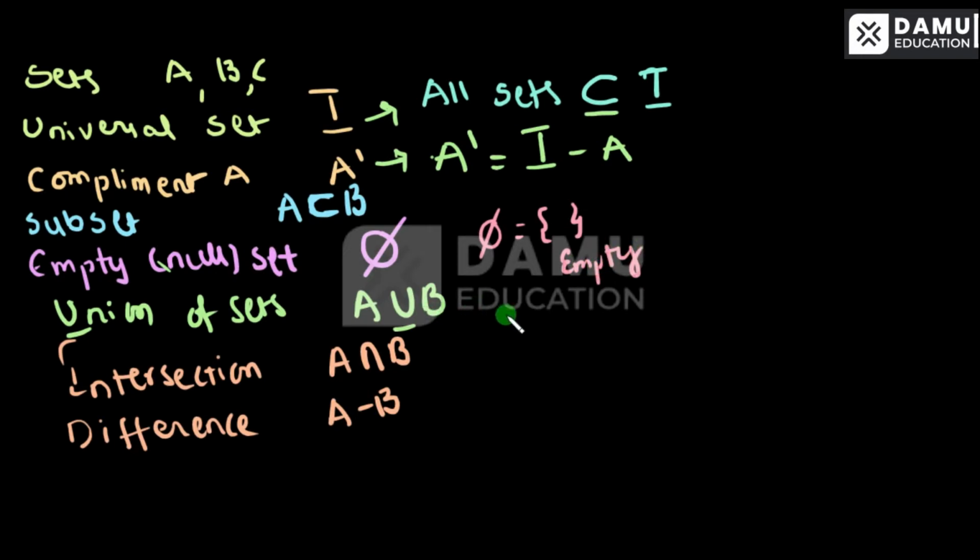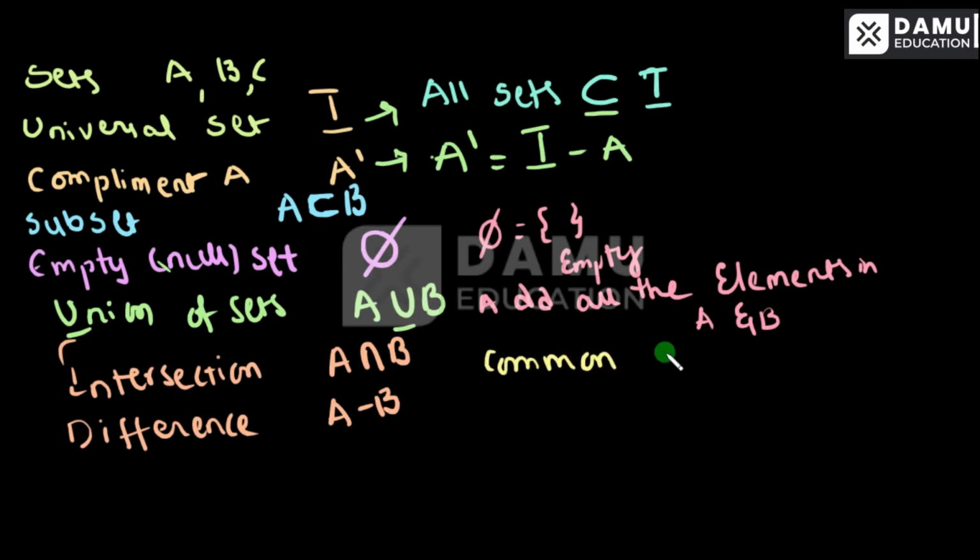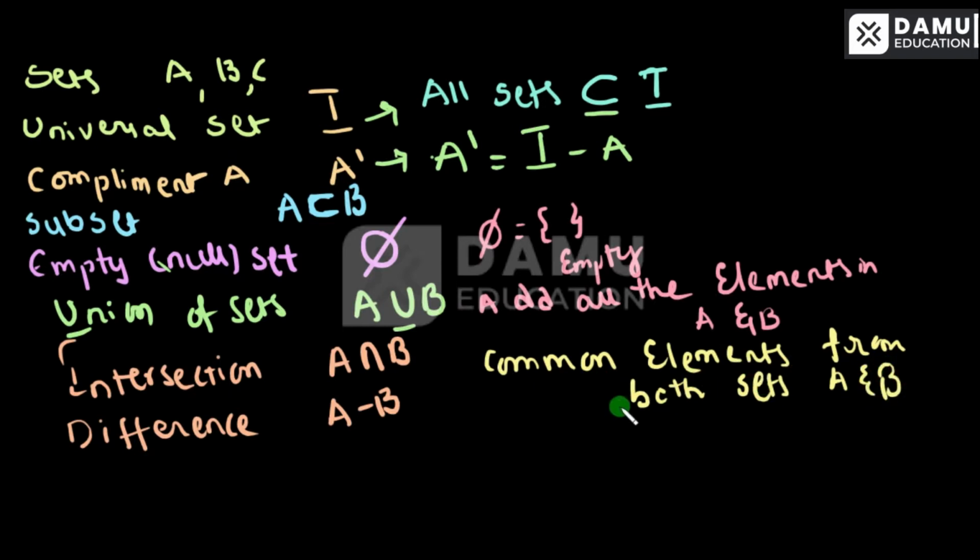A union B means we have to add all the elements in A and B. A intersection B is the common elements from both sets A and B. Which are common in both, that only you have to take.